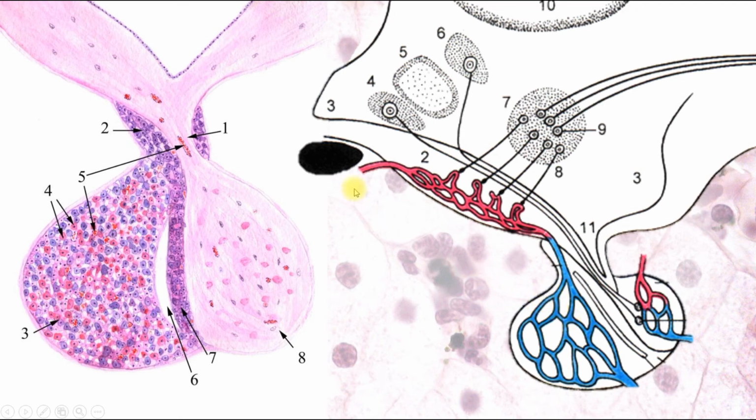But here you can see an artery, a vein, and another vein, and 2 capillary networks, primary and secondary. The secondary capillary network is located in the adenohypophysis, and the portal vein collects blood from the median eminence and carries it to the anterior hypophysis.